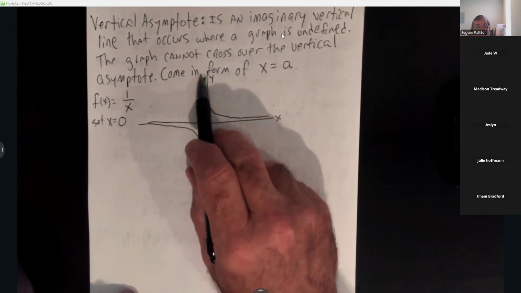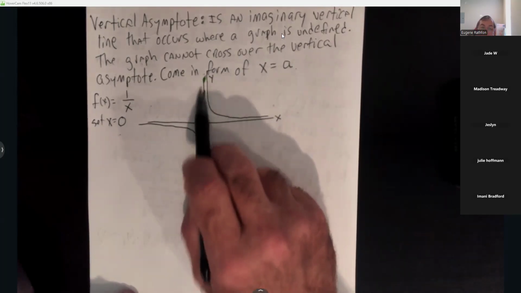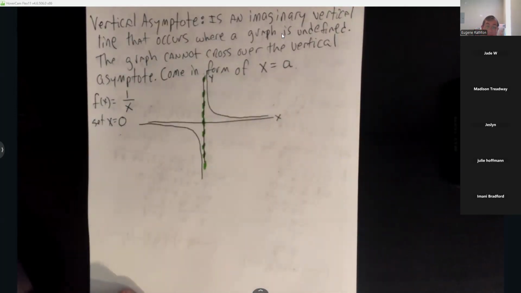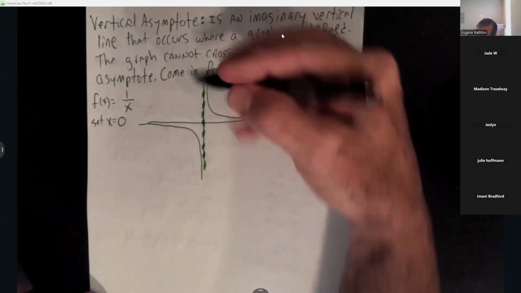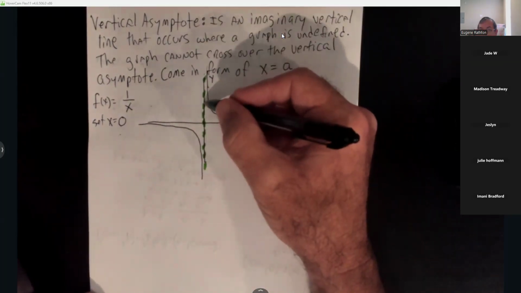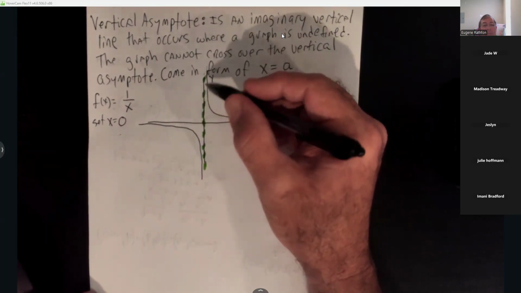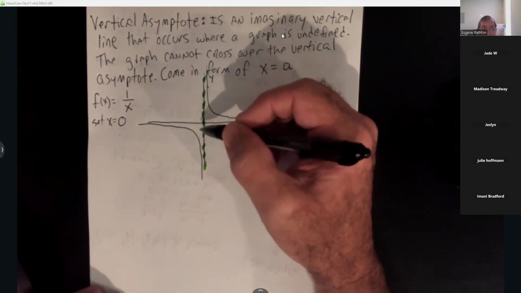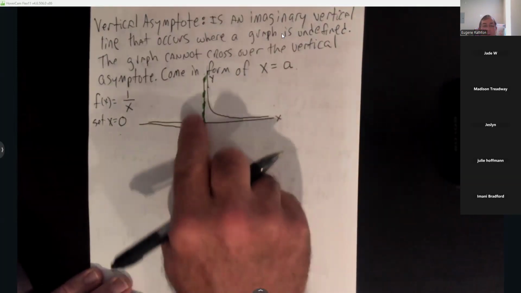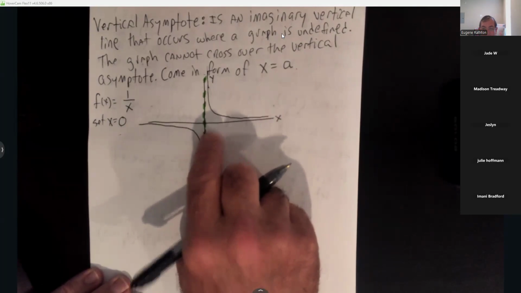Because the graph is undefined at that section, so there's no numbers we could put there that keep it from being undefined. So that's what these are called. When you see graphs doing that, getting near a number, but they don't cross over it, that's because they're undefined at that section, okay? So that's your vertical asymptotes. They occur where your graphs are undefined.